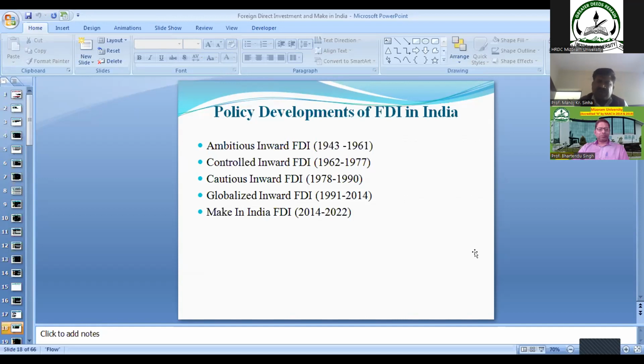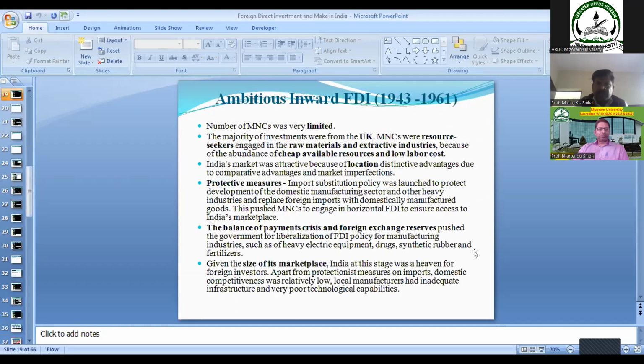First three policies we will discuss in brief. We will focus on the last two policies, globalized inward FDI policy and Make in India. First policy, ambitious inward FDI.